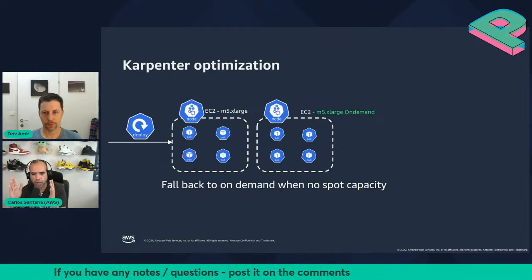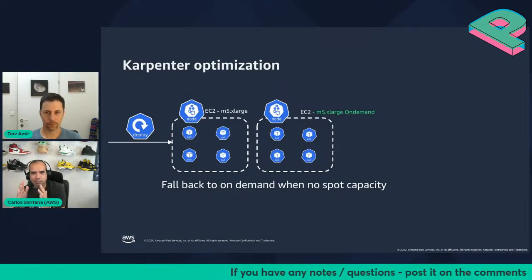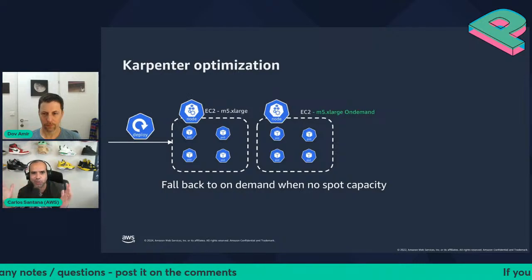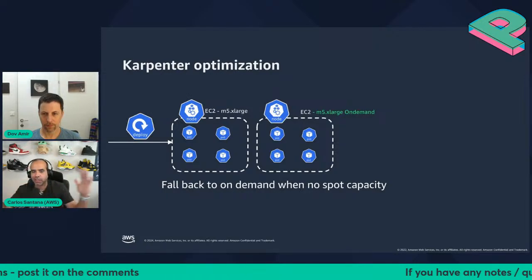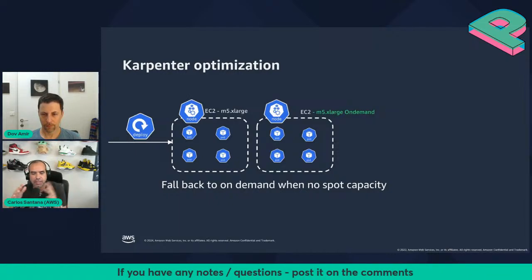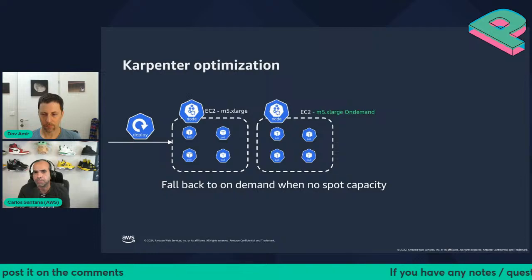You say, I only want M machines, or compute optimized, and only this size, and only this availability zone. Karpenter will say, I cannot find a spot at this time in this constraint. So as a best practice, you want to allow all possible instance types, more diversified, and even make the instances bigger, because it will do the bin packing and accommodate the pods inside of it.